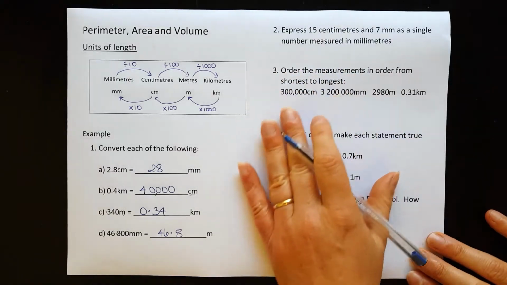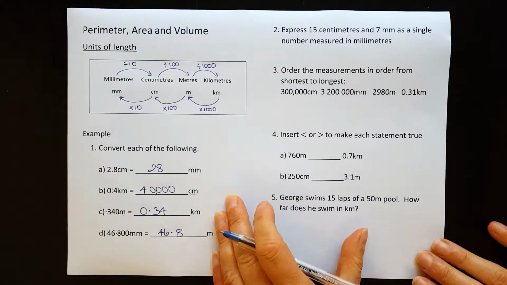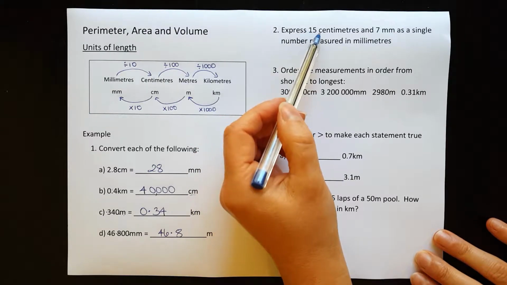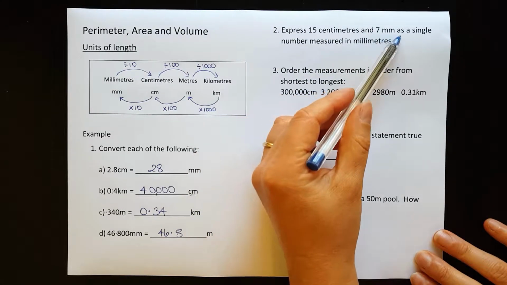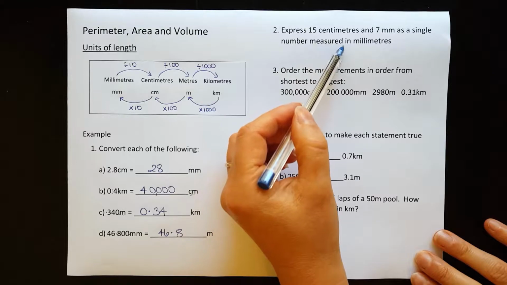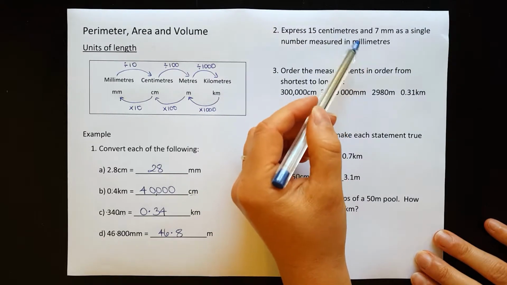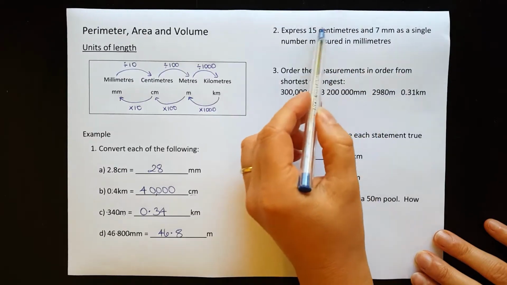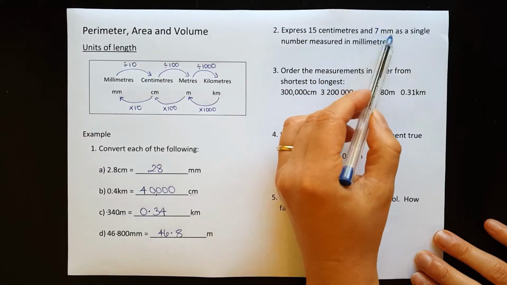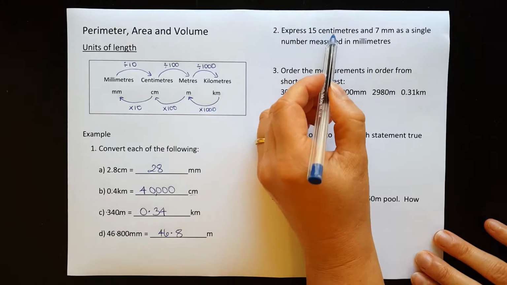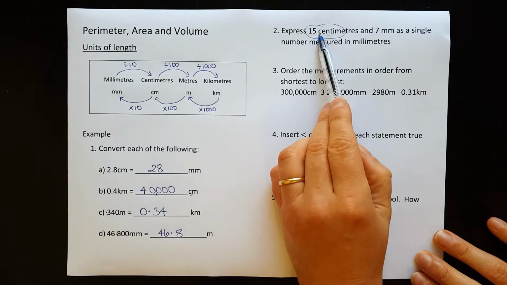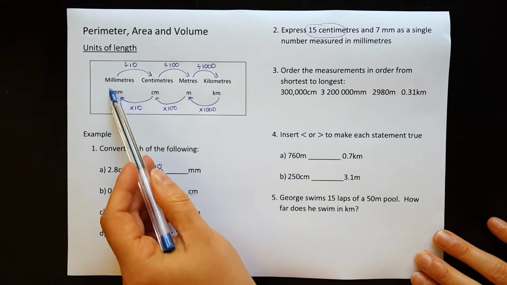Now we want to do a few more, slightly more practical questions. Question 2, express 15 centimeters and 7 millimeters as a single number measured in millimeters. I want my answer in millimeters, so both of these need to be in millimeters. This one already is, so I need to change the 15 centimeters to millimeters.